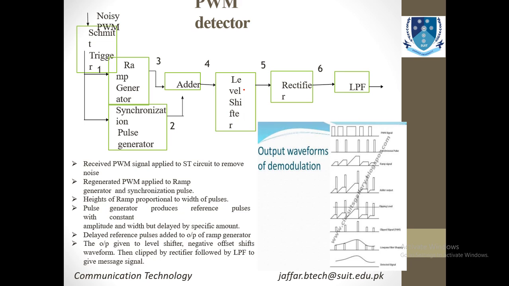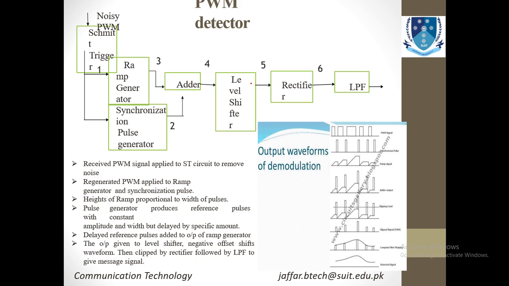If you recall your last semester's course of microprocessor, you will have an idea about left shift registers and right shift registers. Similarly, there is also a level shifter, and the purpose of this level shifter is to basically manipulate the amplitudes.